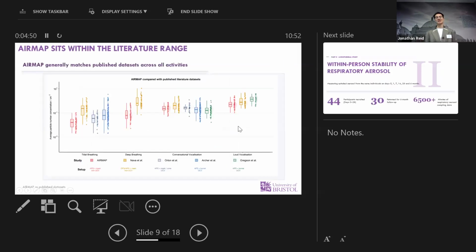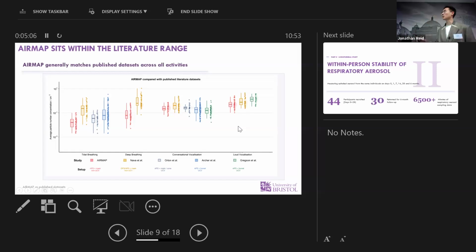Finally, we validate our AirMap data with all previously published data sets. We found that our data set is really comparable to those published data sets in UCV theaters.